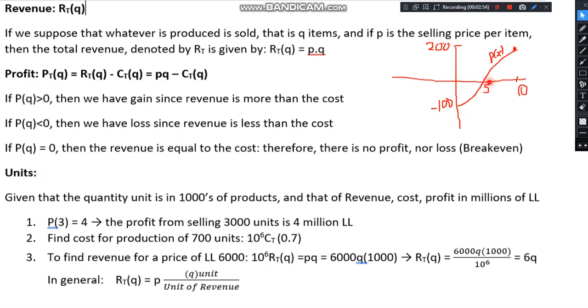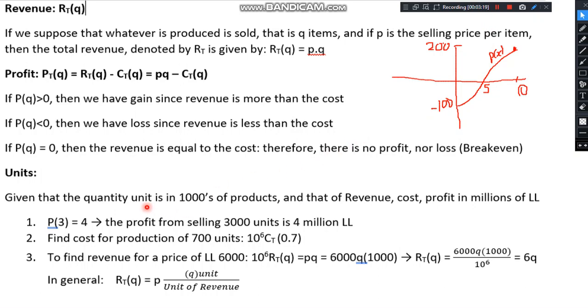If you produce more than 5 items, from 6 to 10 items, you have a gain, from above 0 up to $200. So if the profit function is above the x-axis, it is a gain; at the intersection with the x-axis, break even; below the x-axis, it is a loss.